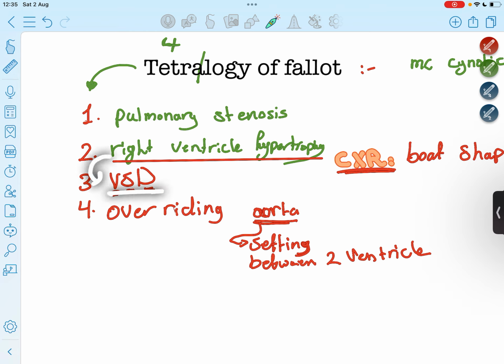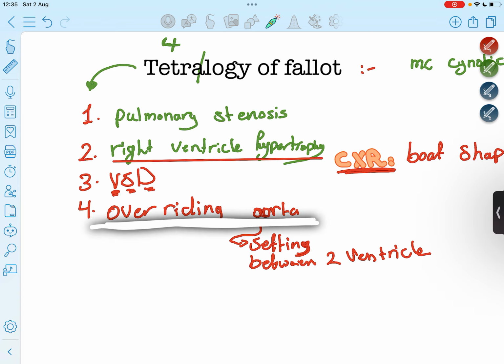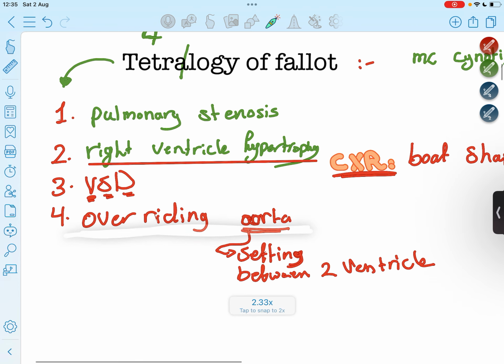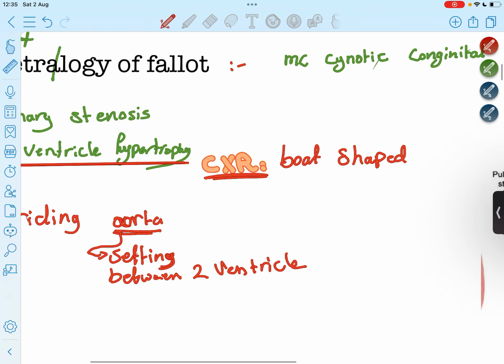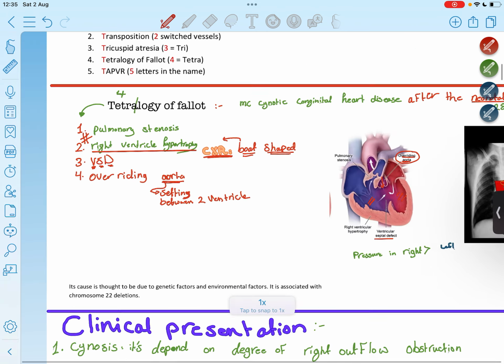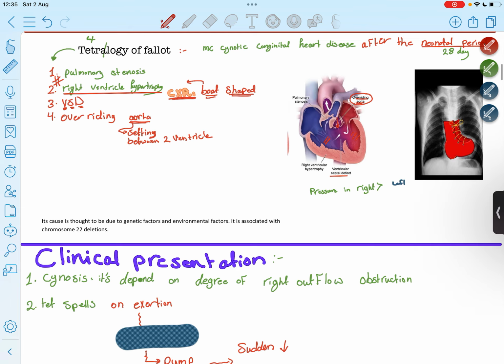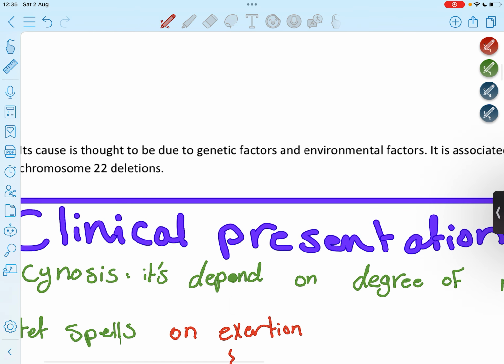Also VSD, ventricular septal defect. And we also have overriding aorta. We should remember that right ventricular hypertrophy gives a pot shape on chest X-ray. Okay guys? Okay.